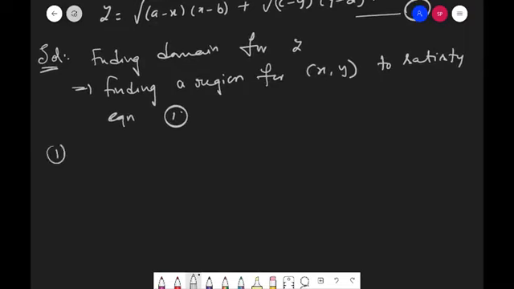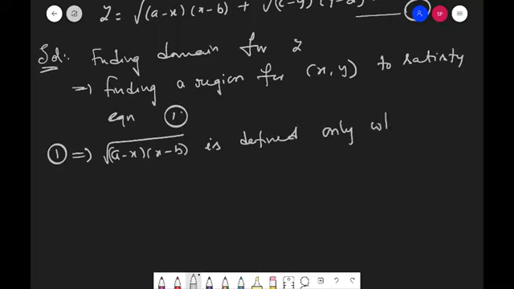So 1 is the sum of two under root functions. Under root of (a minus x) into (x minus b) is defined only when (a minus x) into (x minus b) is greater than or equal to 0.